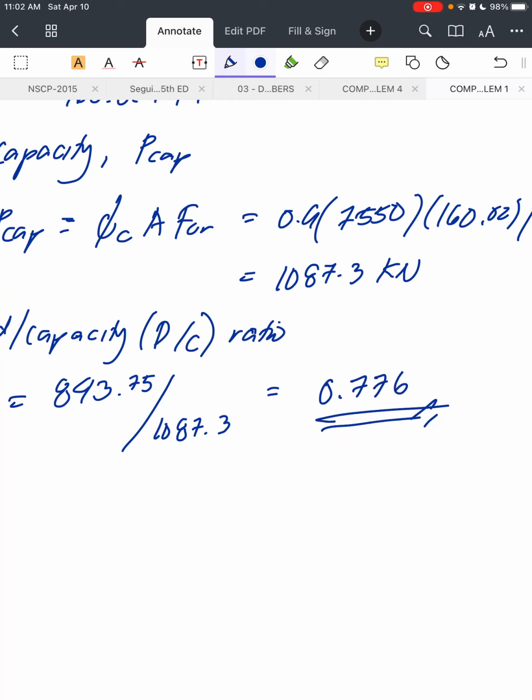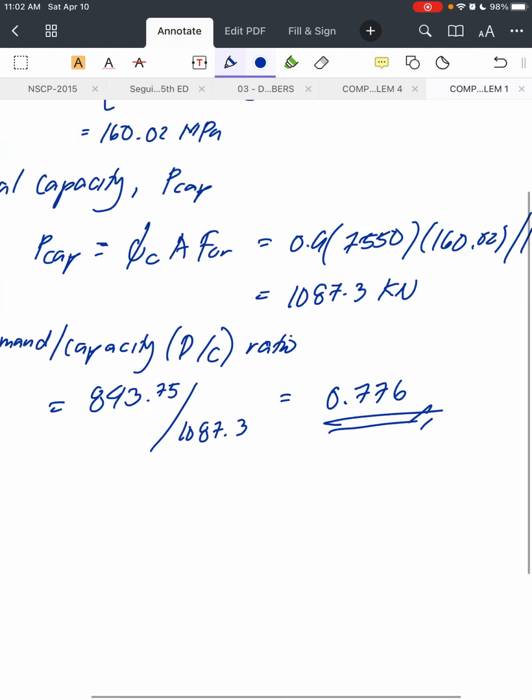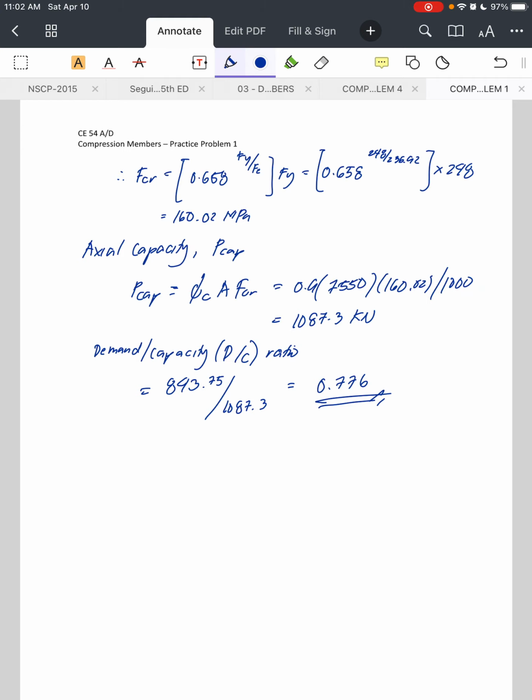Okay, ano ibig sabihin ng 0.776 natin? So, ibig sabihin yan, 77.6% lang ng capacity ng W12 by 40 yung nagamit para dun sa group D na end diagonal.